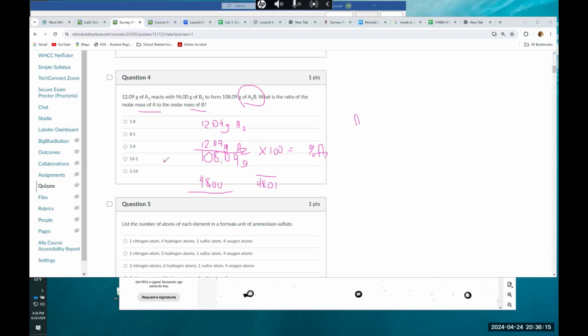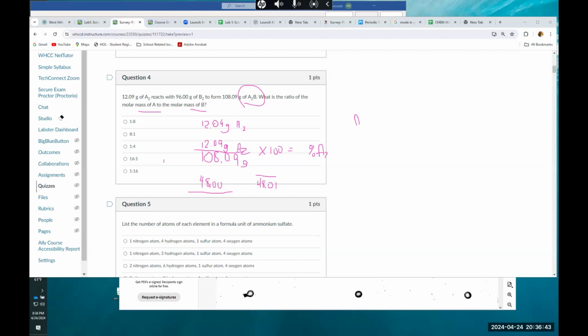Where did you get that 48 ratio from? Sorry, I'm making this harder than what I need to make it. Let me get my eraser. So if we have 12 divided by our 96, and then we have to divide it by another 2, right? So what is 12 divided by 96?